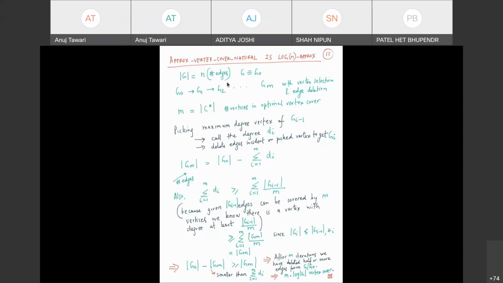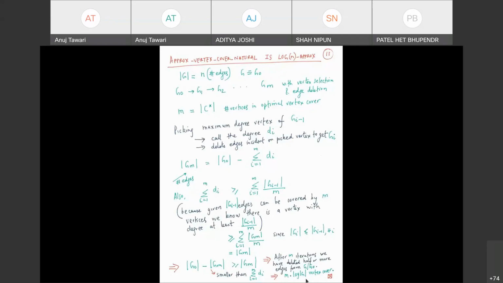Even assuming that there are edges between every pair of vertices, the cardinality of G will be n choose 2, which is roughly n squared. And so the log of n squared is just O(log n).